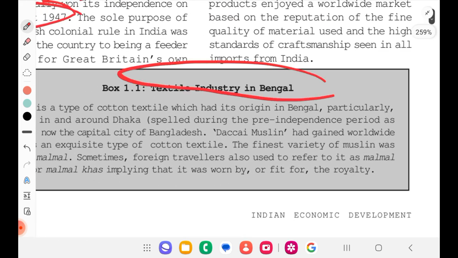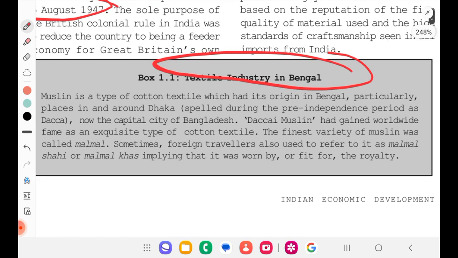Textile industry in Bengal. Muslin is a type of cotton textile which had its origin in Bengal, particularly places in and around Dhaka, spelled during the pre-independence period as Dacca, now the capital city of Bangladesh. Dhakai muslin had gained worldwide fame as an exquisite type of cotton textile.